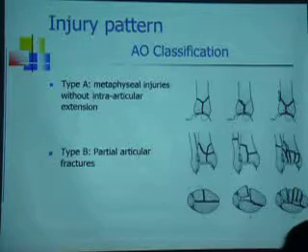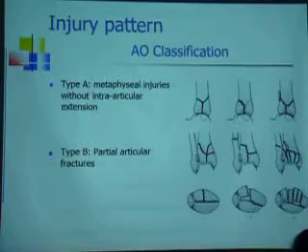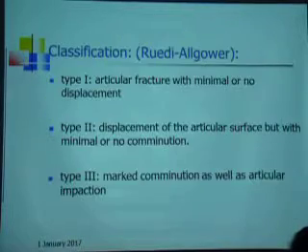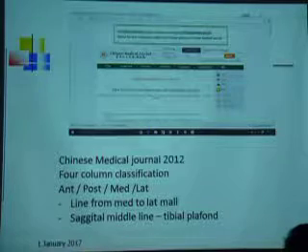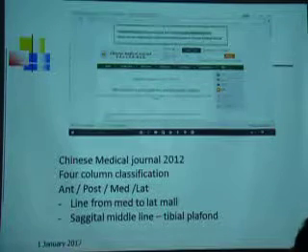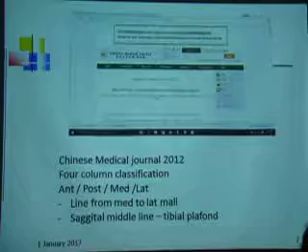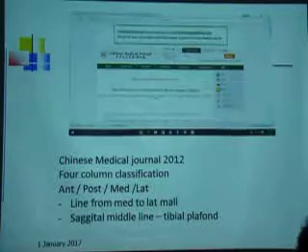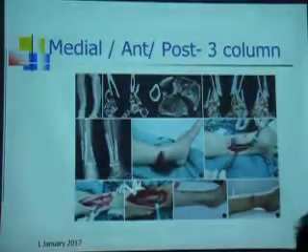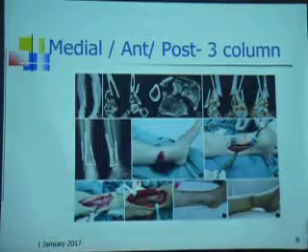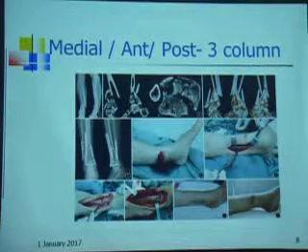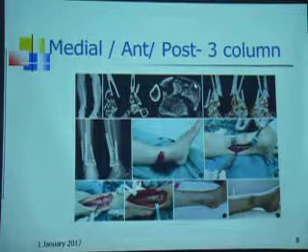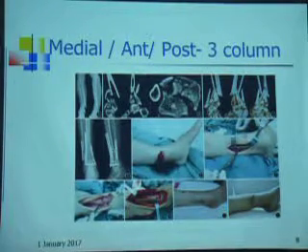So AO classification, we know that A is extraarticular, B is partially articular, and C is intraarticular. I just want to show you one interesting Chinese publication. Now the literature is flooded with Chinese articles, and look at this 4-column concept of pilon fracture. I liked it because they have divided the distal plafond into 4 by these 2 lines: anteromedial, anterolateral, posterolateral, posteromedial.